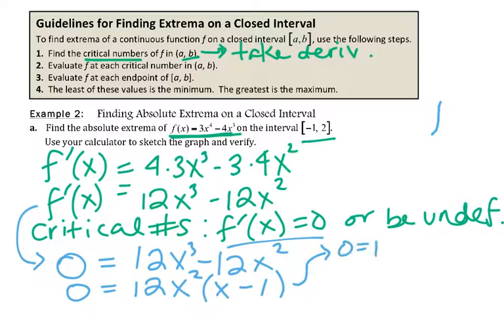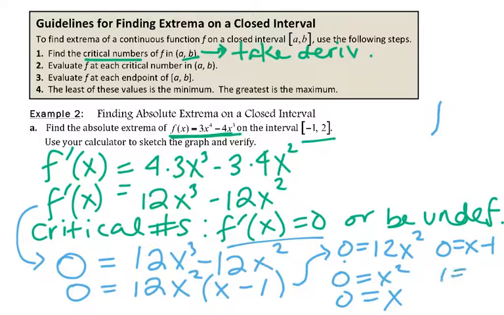Set each factor equal to 0, and here, when we divide by 12, we get 0 equals x squared. So x must be 0. Over here, 0 equals x minus 1, so 1 equals x. So our critical numbers are at 1 and 0.